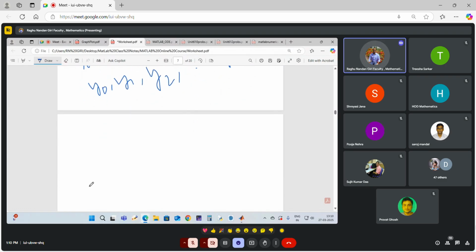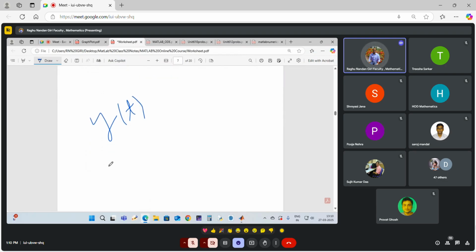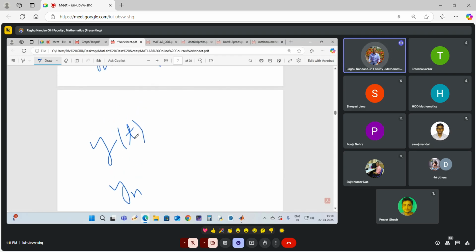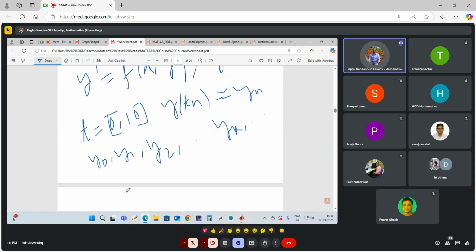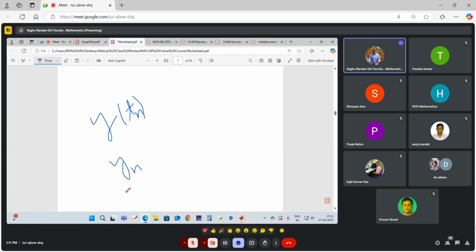Analytically, if we get the result, then this is the y of t function, and numerically we get a discrete value yn at the point tn. Analytically the value is exact, but these two are not the same, only approximate. The difference is the error. So in numerical methods some error is there.